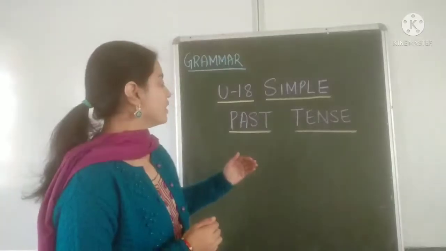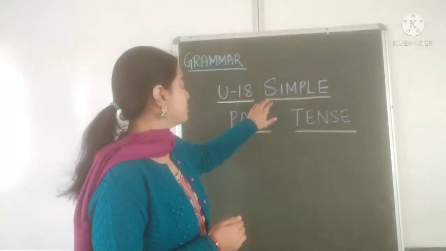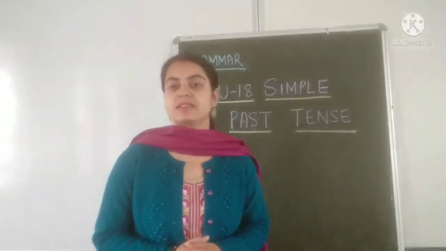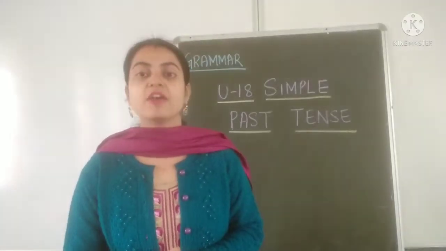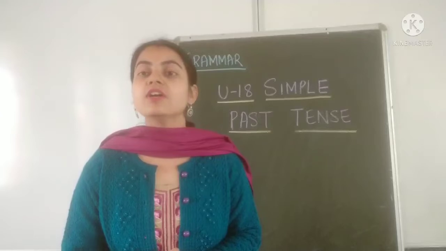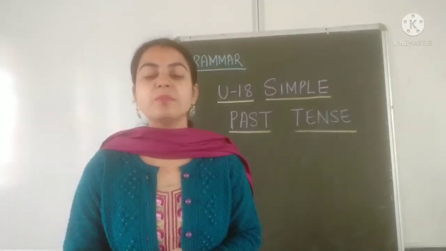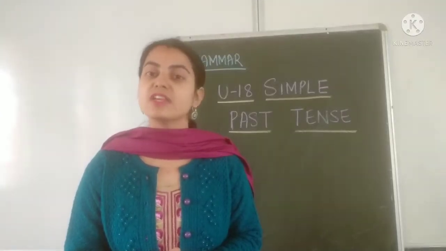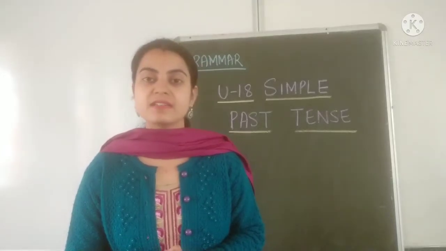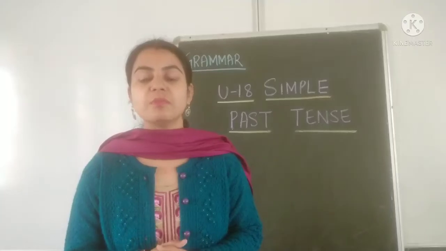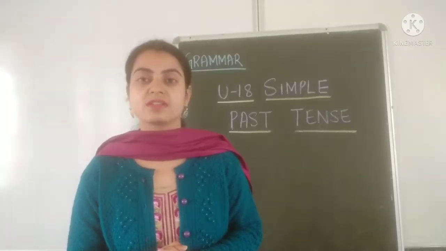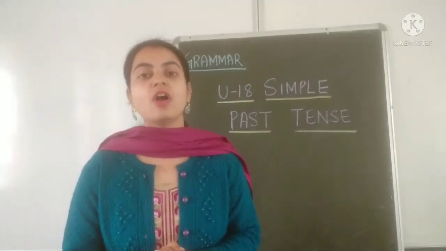So in this unit we will learn about the simple past tense. Okay, the actions which have already taken place. We will also learn to change simple past tense sentences into negative sentences. That is how we add a not and change simple past tense into negative sentences, the rules of doing so.